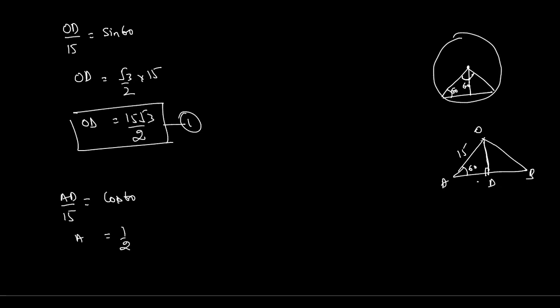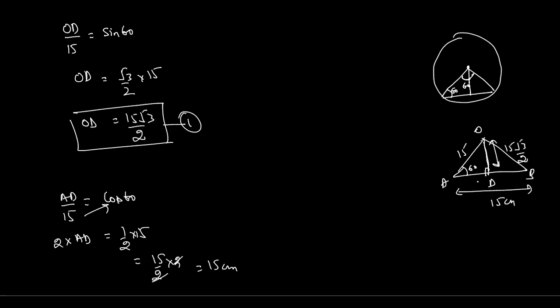So you can write here AD is equal to 15 by 2. Now you need to find the value of AB actually, so multiplying this by 2, you will get 15. So this will be 15 centimeter. From here to here it is 15 centimeter, and from here to here it is 15 root 3 by 2.